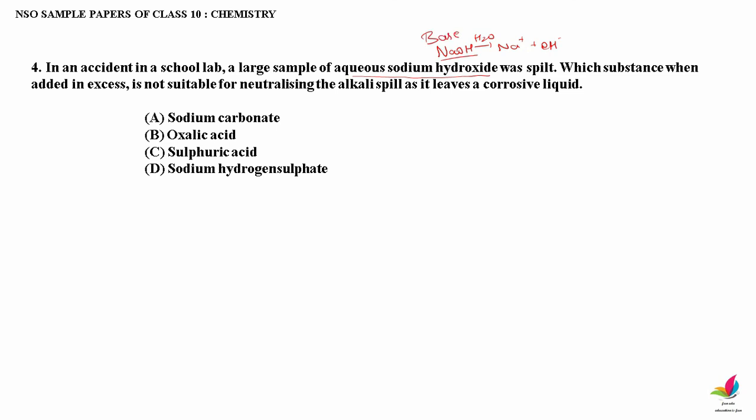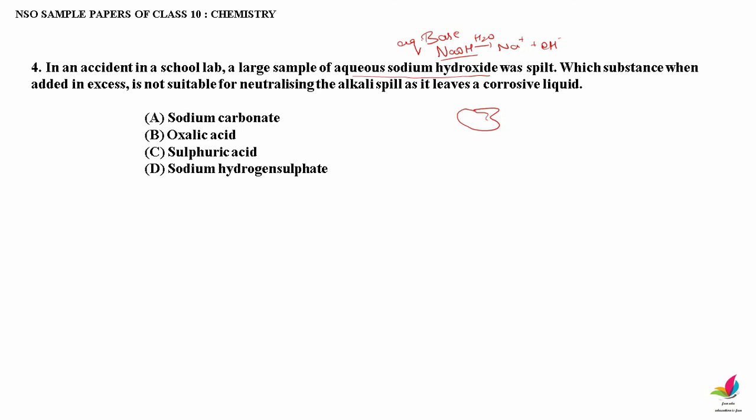So the substance that is spilled is a base. What kind of base? It is an aqueous base, meaning a diluted form of base, not a very strong base. So an aqueous base was spilled on the floor. Which substance, when added in excess, is not suitable for neutralizing the alkali spill as it leaves a corrosive liquid?